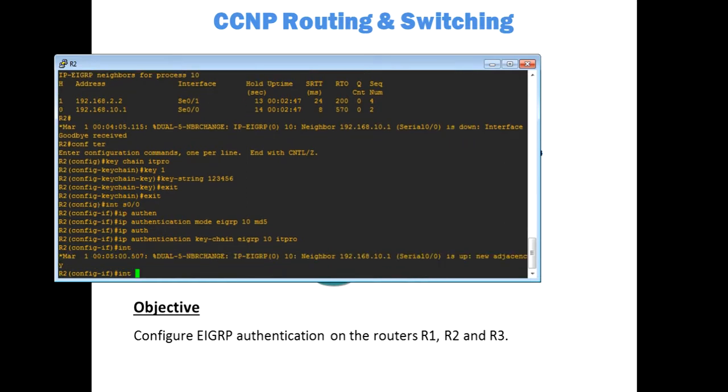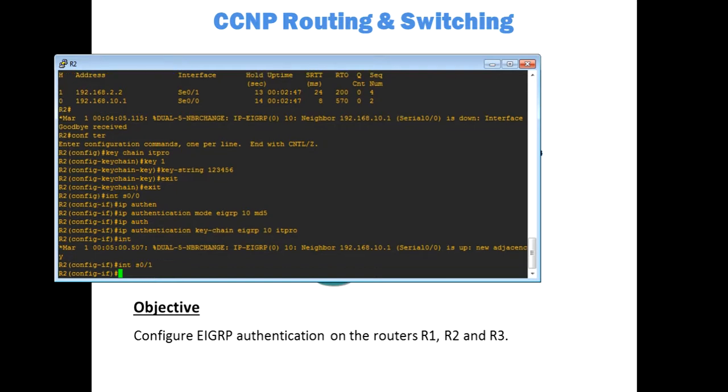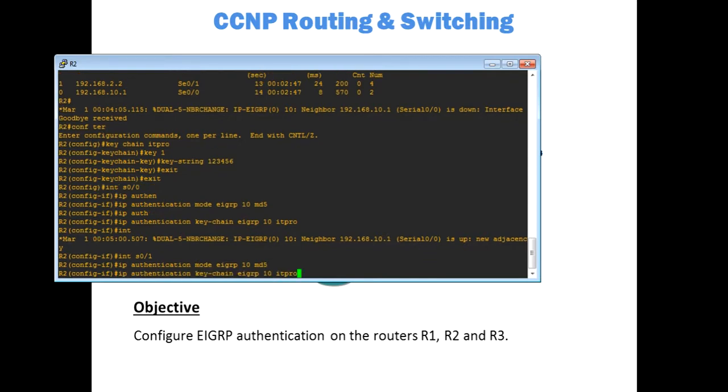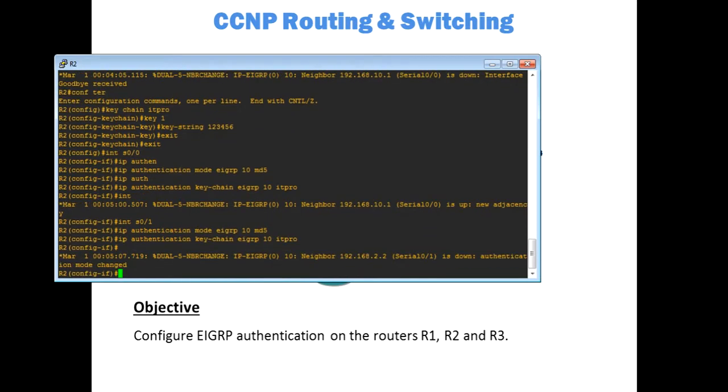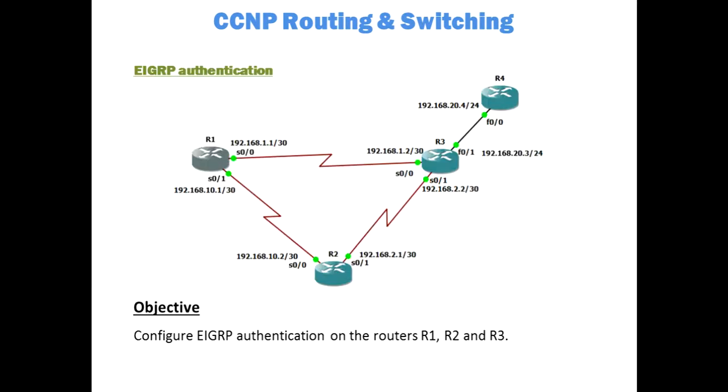I will go to interface serial 0/1. Do the same configuration. Now it's okay with R2. I will switch to R3 to do the same configuration.